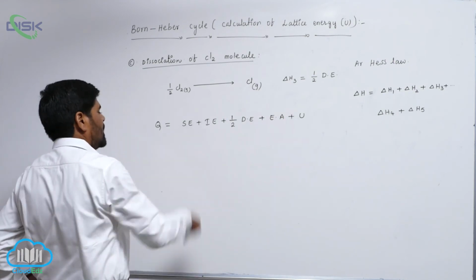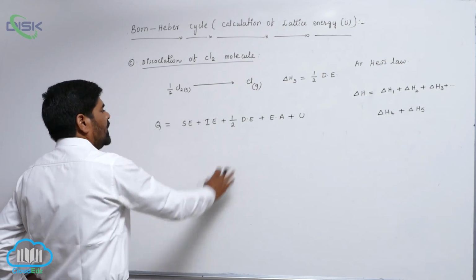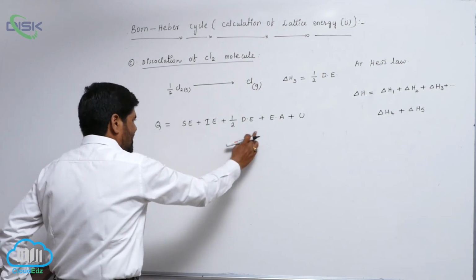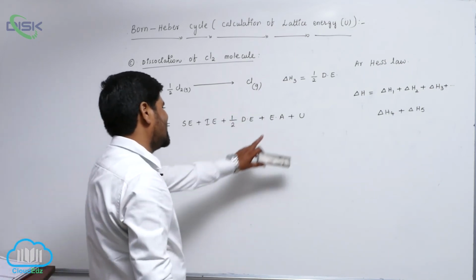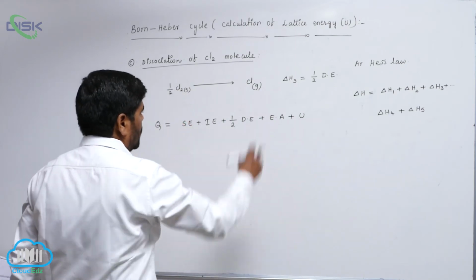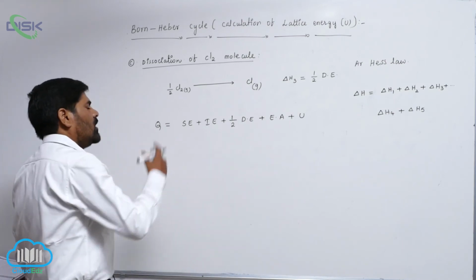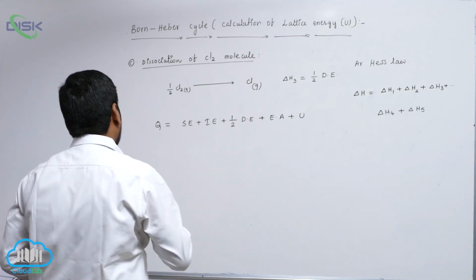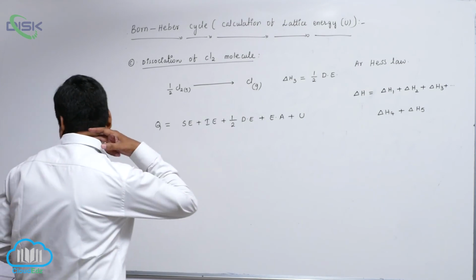H1, H2, H3, H4, H5. This is sublimation energy, ionization energy, dissociation energy. These are which one? Endothermic processes. These two are which one? Exothermic processes. So therefore the summation of energy of all the steps always equals the heat of reaction or total heat.